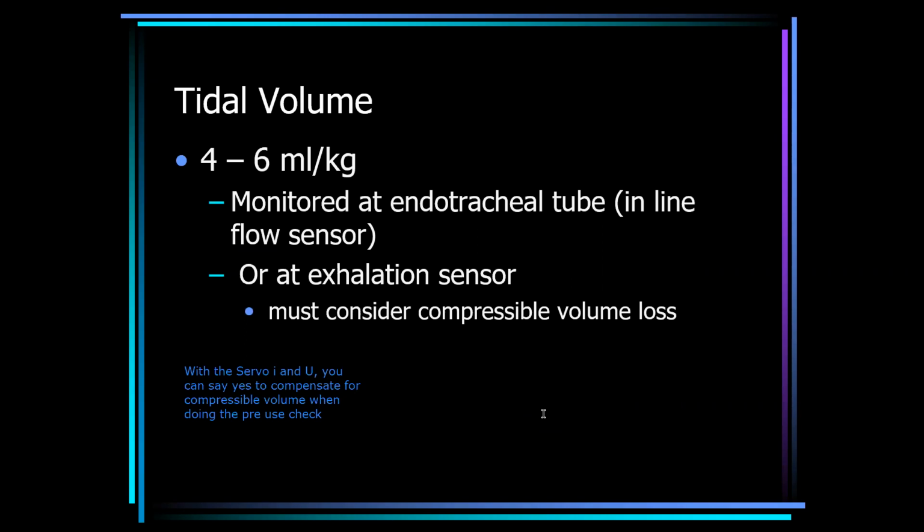And so it knows the compliance of the circuit. When the exhaled volume comes out, it'll calculate how much of that volume was actually in the circuit, and it only reports what went into the infant's lungs. So if you say yes to compensate, you will be seeing just what went into the infant's lungs, even though you don't have a flow sensor sitting at the Y.